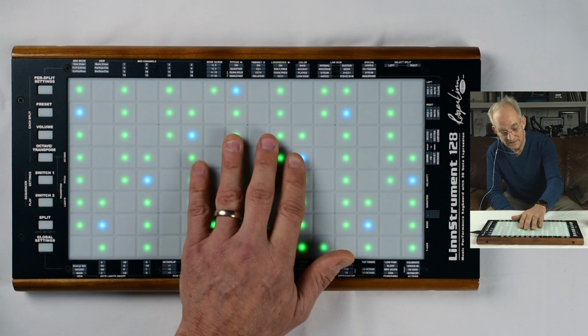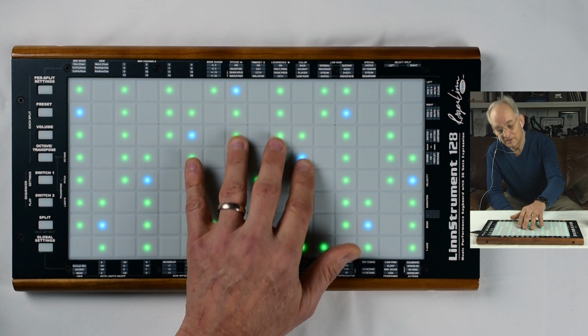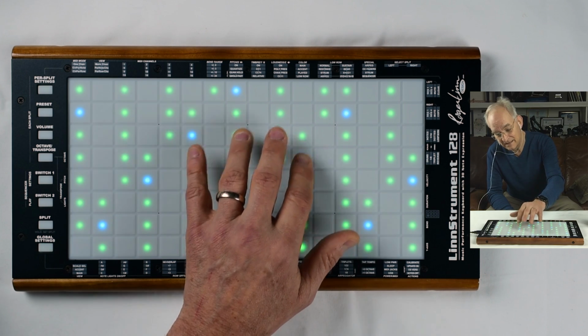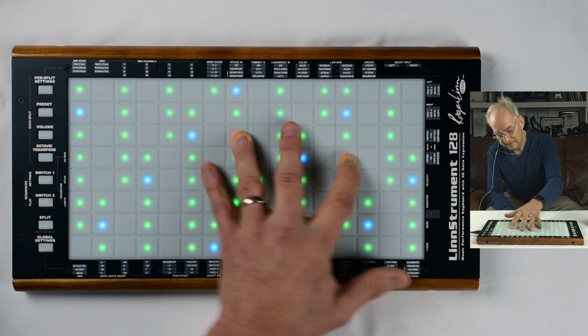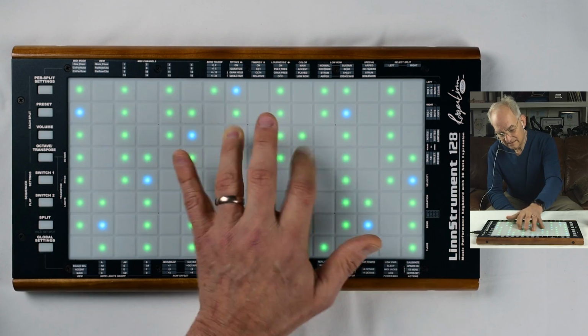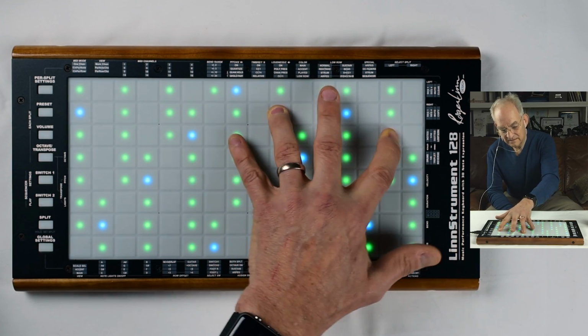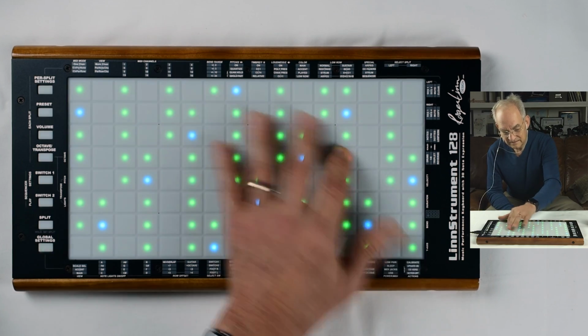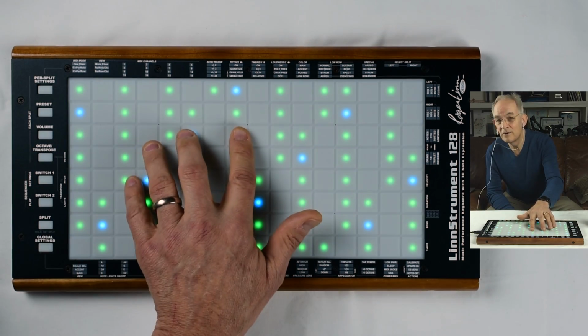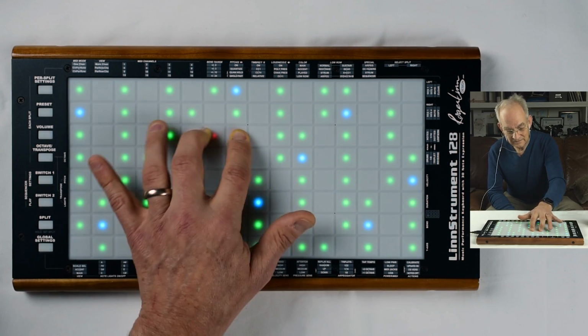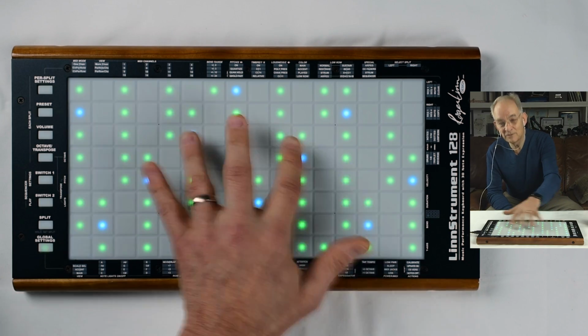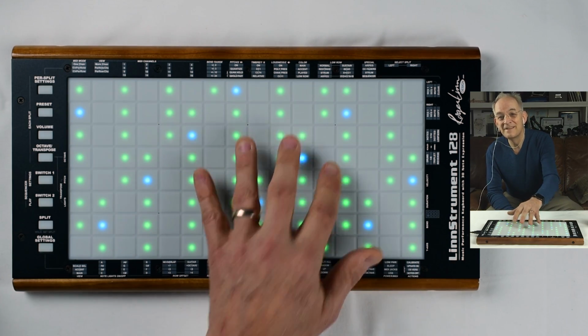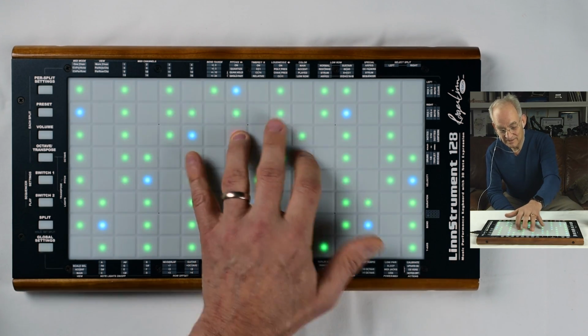So if I take this D on top and the C below it and slide the C into the D, you can do it on one row too, but it's just easier because you get to wiggle both notes at the same time if you do it on different rows.